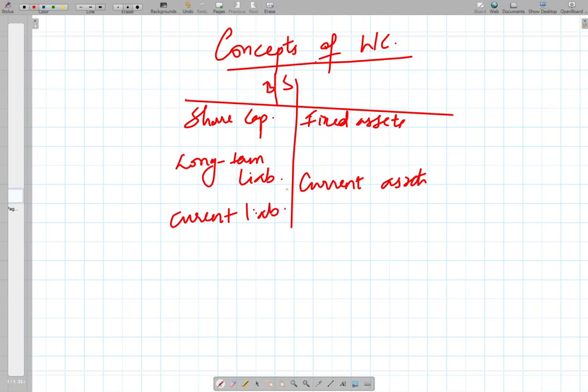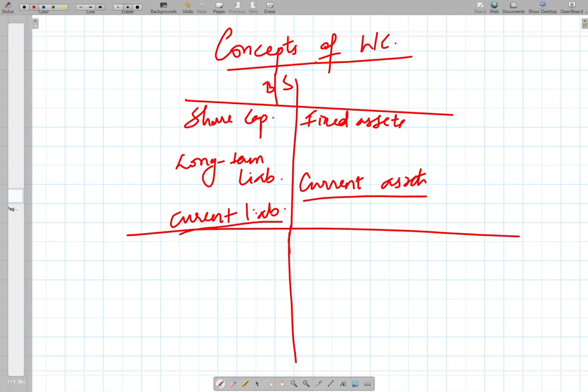Okay, now if we explain the same thing in a more detailed format, that same balance sheet will have certain items like, for example, under current assets we will have things like stock, am I right? Then there will be debtors or receivables as we call them.